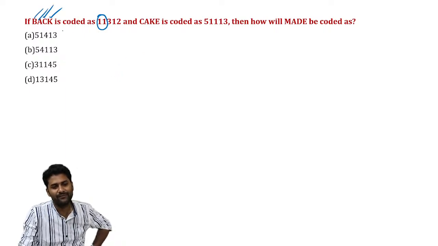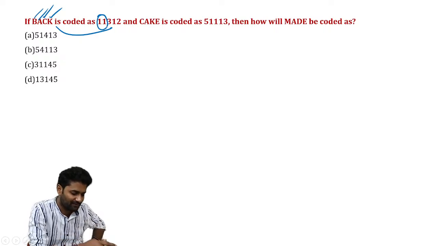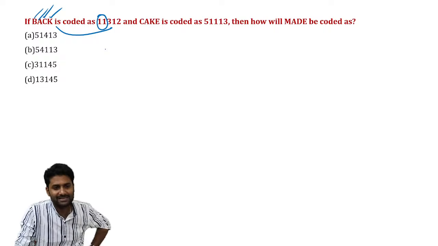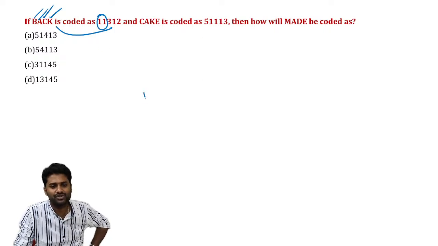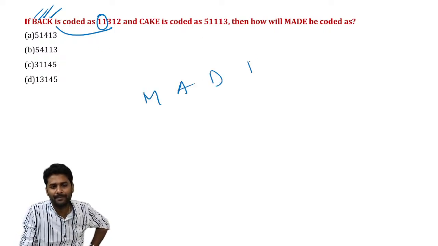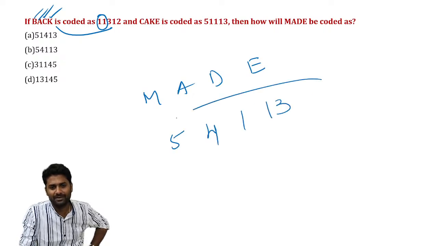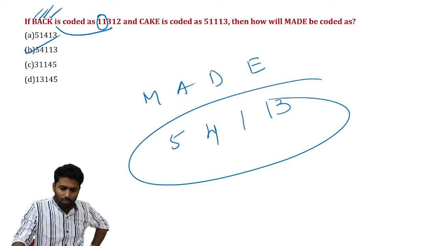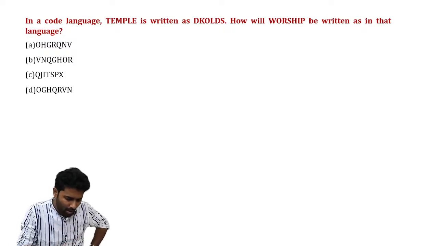So simply, if the number of alphabets and the number of digits are not the same, then it's a simple application of alphabetical position. Let's go for MADE. It starts from E is 5, D is 4, A is 1, M is 13. So 54,113 is the correct answer.